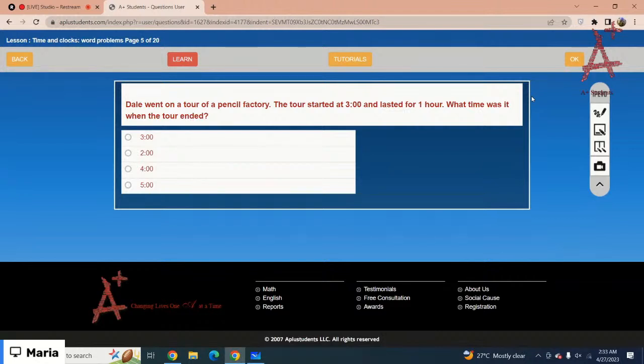So it started from 3, and after the 1 hour, what time is it? It would be 4. Got it? Right after 1 hour, it would be 4.